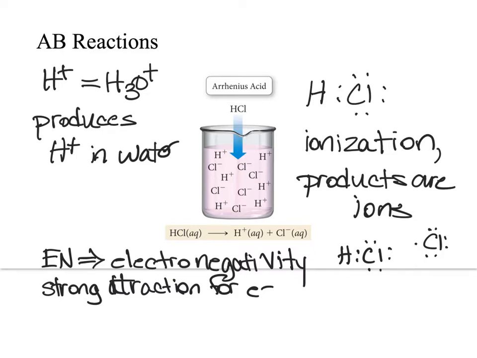And so essentially what chlorine is going to do is take that other one with it when it dissolves in water. It's strong enough to pull that electron to itself. And so hydrogen is left without the electron, forming hydronium, and then we get the chloride ion, which has the 8 valence electrons. Okay, so in that way, we're forming ions. Very strong acids or bases have a tendency to completely ionize, to form the maximum number of ions possible. And we'll take a look at that in a couple of slides.